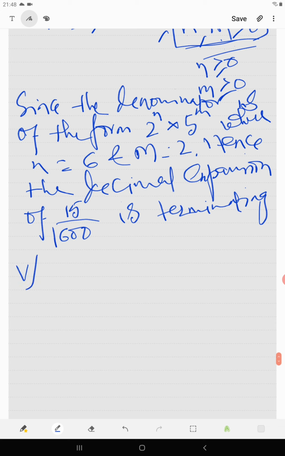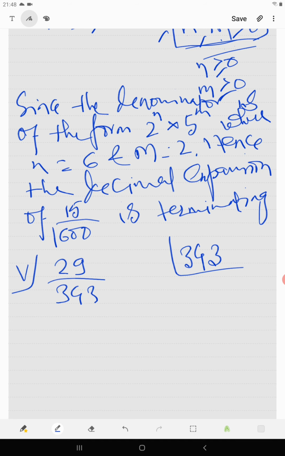So fifth one is 29 divided by 343. Let's do 343. Its last digit is 3. Which table does 3 come in? 2 table, 3 comes? No. 3 table, 3 comes?